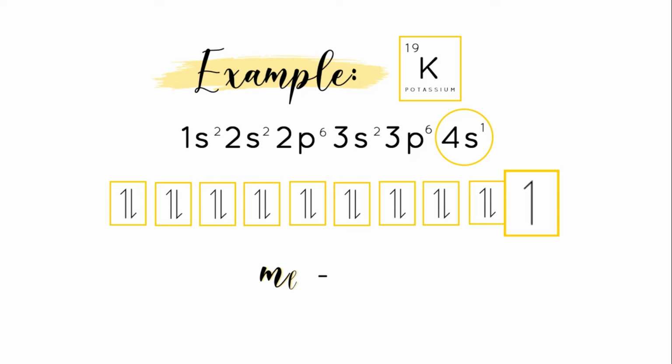Since this shell is labeled as 0, our magnetic quantum number is 0. So pretty easy, right? We just labeled the valence shell, looked where our valence electron fell under, and then looked for the label and copied that label.